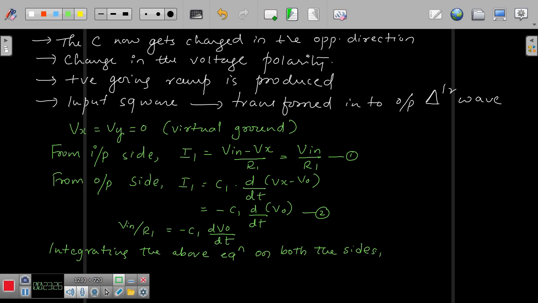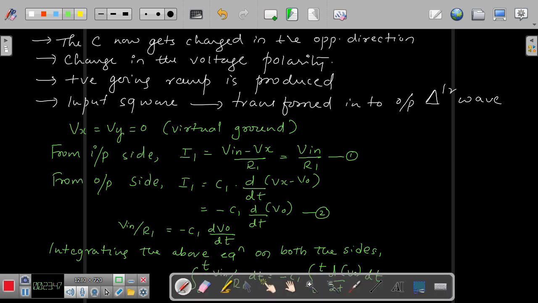So what you are going to get, let me take the limits from 0 to t. Integration 0 to t of V in divided by R1 dt is equals to minus C1, 0 to t of d by dt of V naught into dt.